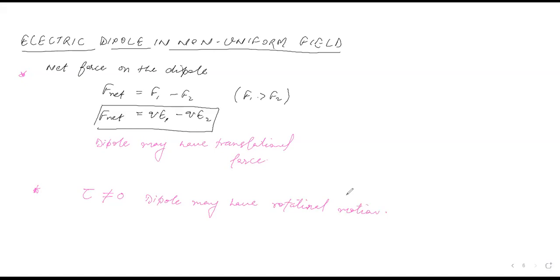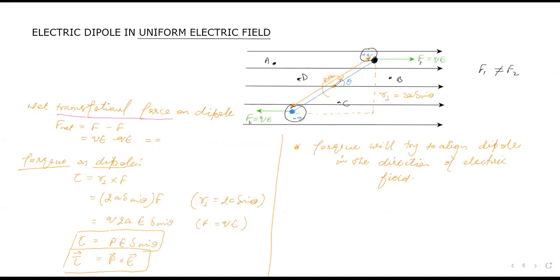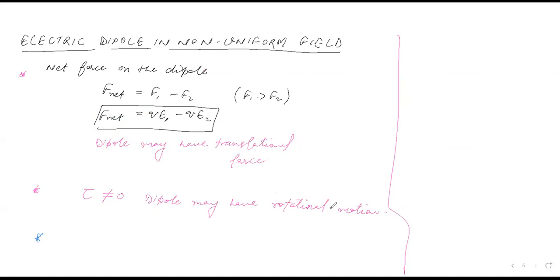Yes. Then from this situation, we can say that the dipole has two different types of force. The first one is the translational force and the second one is the rotational force. Are you clear? Yes, sir. Finally, we can say the dipole starts to move in a combined way, translational plus rotational. Now this dipole will rotate about its axis and also move in the forward direction, just like rolling of a wheel.